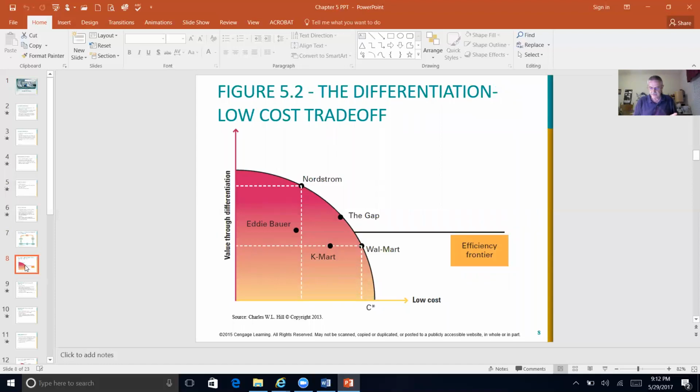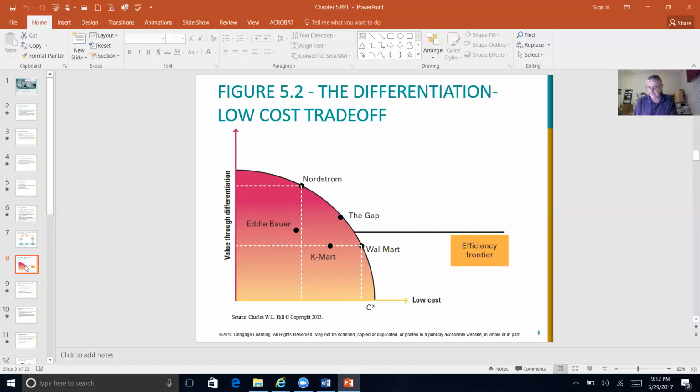The thrust of looking at this differentiation, the low-cost trade-off, is really, there's two different ways in which a company can gain a competitive advantage when it comes to this differentiation low-cost trade-off. The company that is striving for the lower cost does everything it can to be more productive and drive down its cost structure.